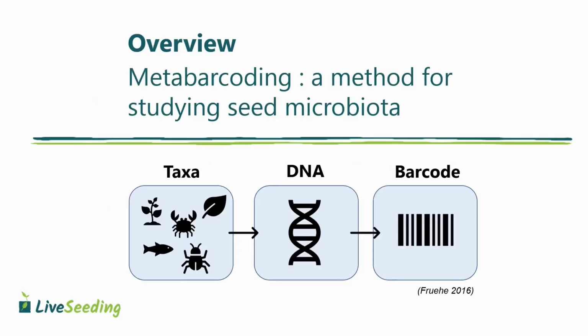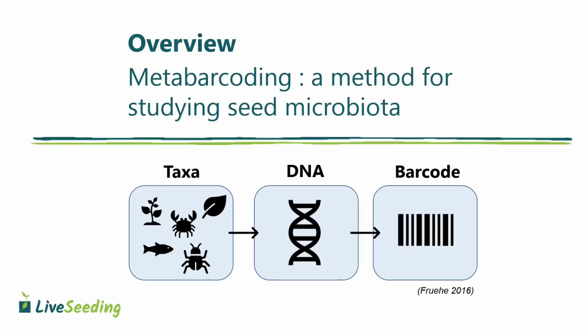Now that we have a better idea of the importance of microbial life in seed health and quality, I'll describe a widespread technique used for studying microbial community structures on seeds. This technique, known as metabarcoding, relies on DNA extraction and sequencing to identify the microorganisms present in and around a seed sample and evaluate their relative abundances.